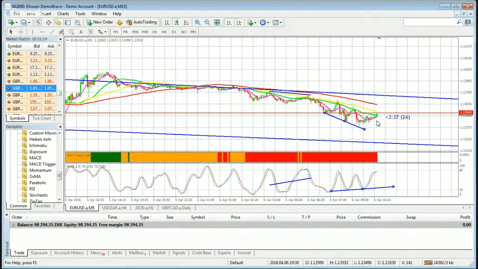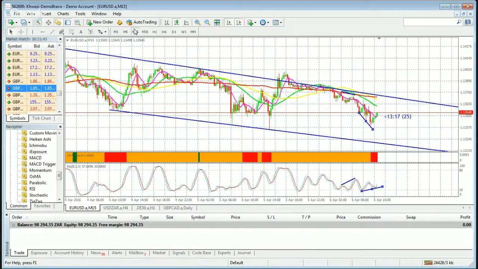Okay, still pushing up. Could it be bouncing off the level there? 15 and 15 is making the cross.